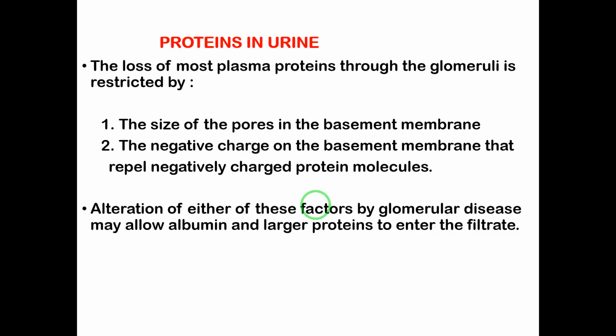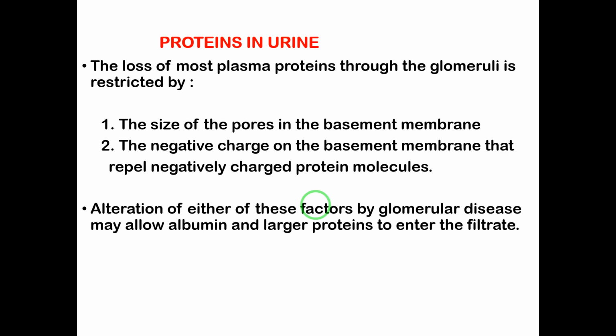Why does protein not appear in large quantity in the urine, or why doesn't it pass through the glomeruli? Because the size of the pores in the basement membrane of the glomeruli is smaller than the size of the protein. Most proteins are large molecular weight molecules, so they cannot pass through the pores.